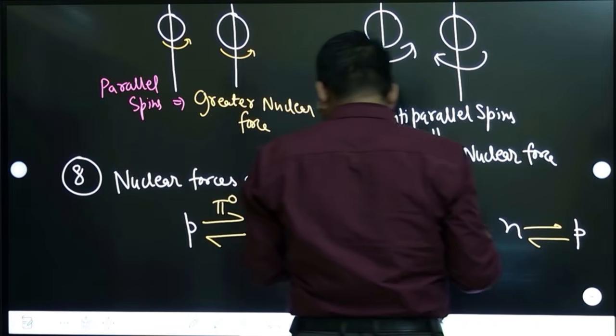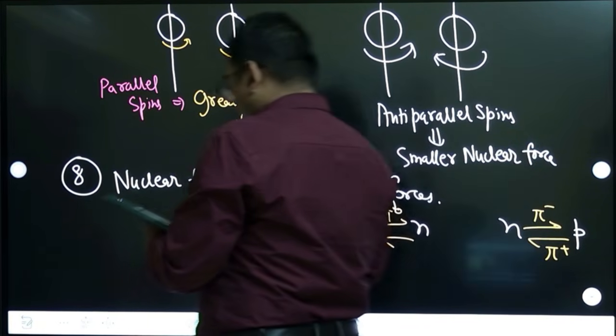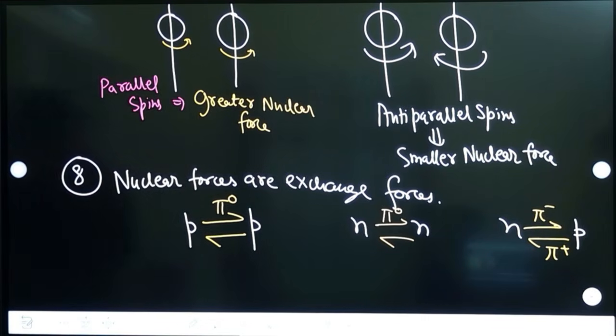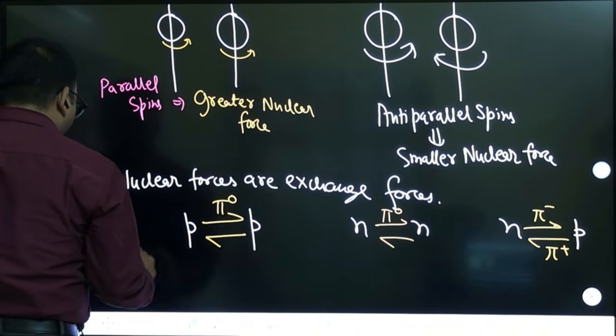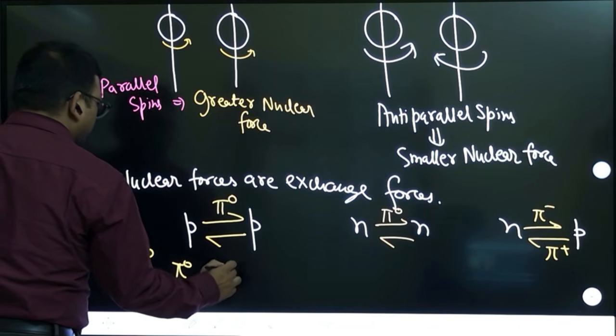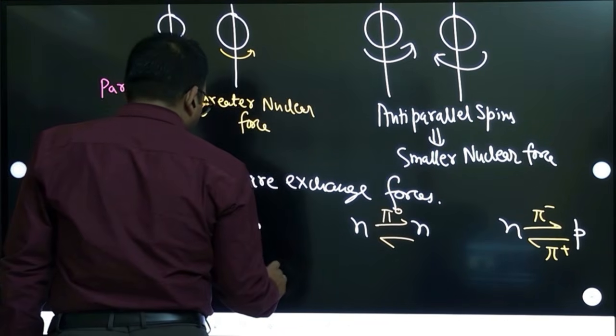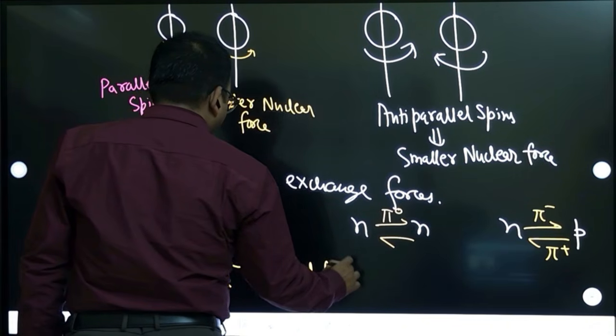So neutron will send pi minus, and this is pi plus. Doesn't matter, you write this way or that way. Proton will give pi plus. So what is this pi? Pi naught, pi 0, pi minus. These are called mesons.